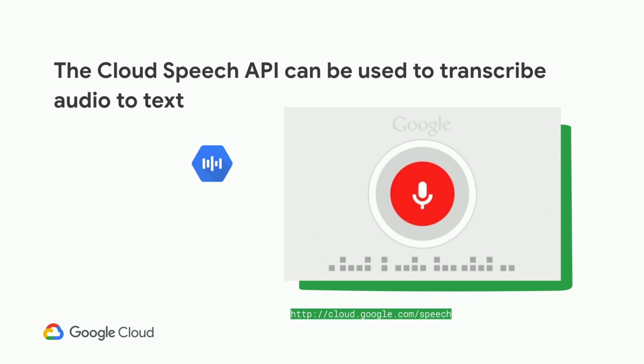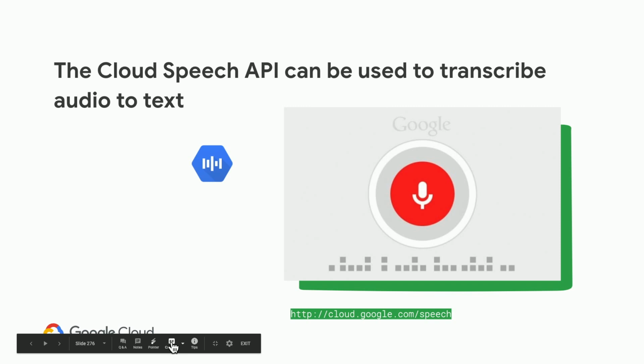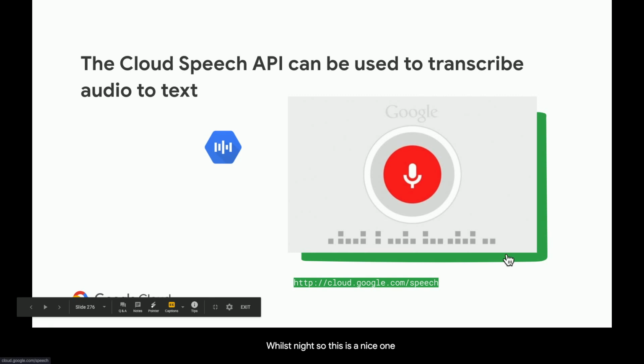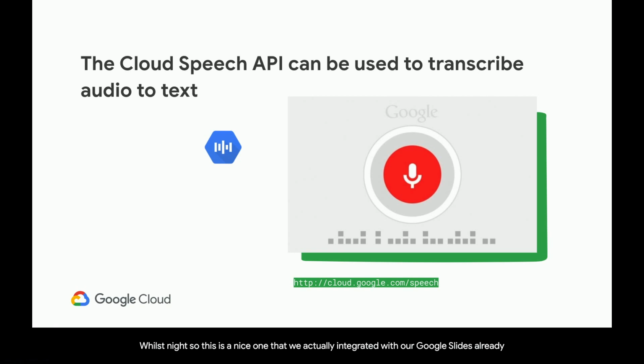Okay, and here, this is the Cloud Speech API, which can be used to transcribe audio to text. I'm not going to open up the website for this one because we have a different way to show it. It's integrated with Google Slides, which I'm actually using. It captures the things I'm speaking right now.